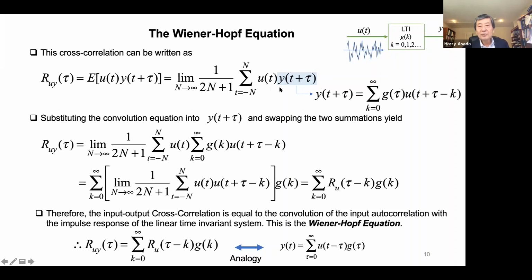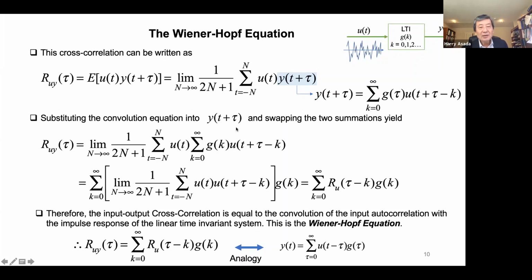First, the output YT comes from this process, so it should be written as a convolution: GK times UT plus tau minus k, because you treat T plus tau as the new T, and shift it accordingly, right? So this can be written in this way.